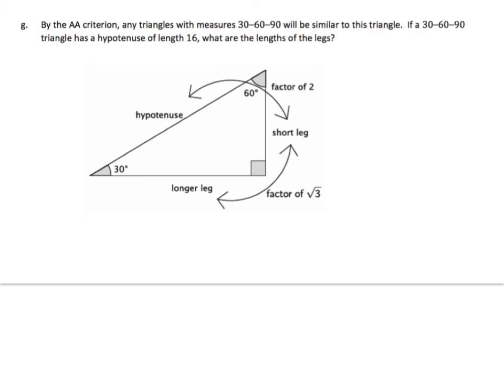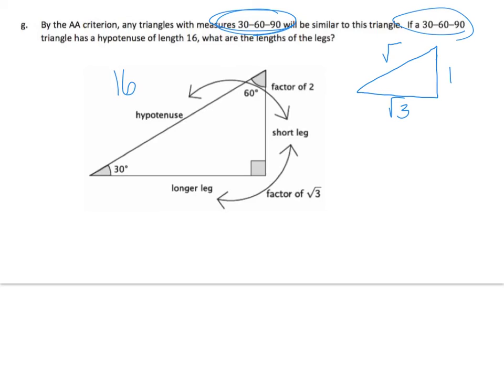Okay, by the angle criterion, any triangles with measures 30, 60, 90 will be similar to this triangle. If a 30, 60, 90 triangle has a hypotenuse length of 16, what are the lengths of the legs? If we have 16 over here, we can use the triangle that we just solved for, square root of 3, 1, and 2, to solve everything.